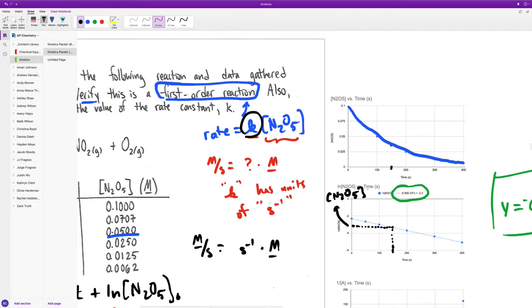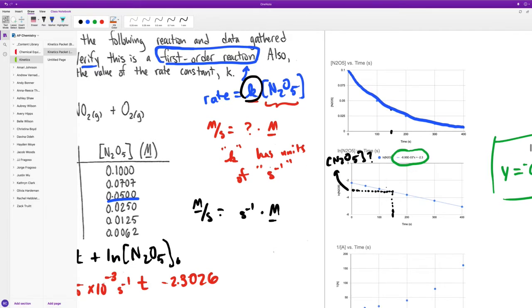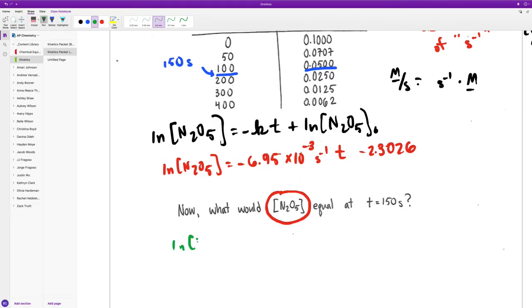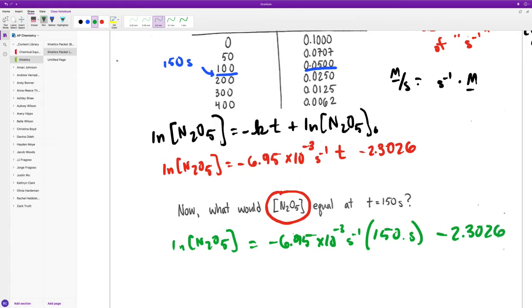So that's the plan. We've got natural logarithm of N2O5 equals negative 6.95 times 10 to the negative 3 per second times 150 seconds minus 2.3026.